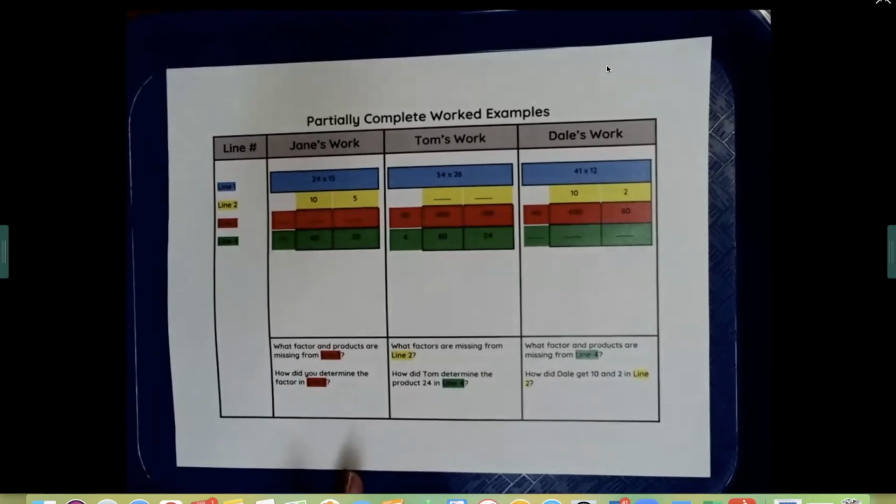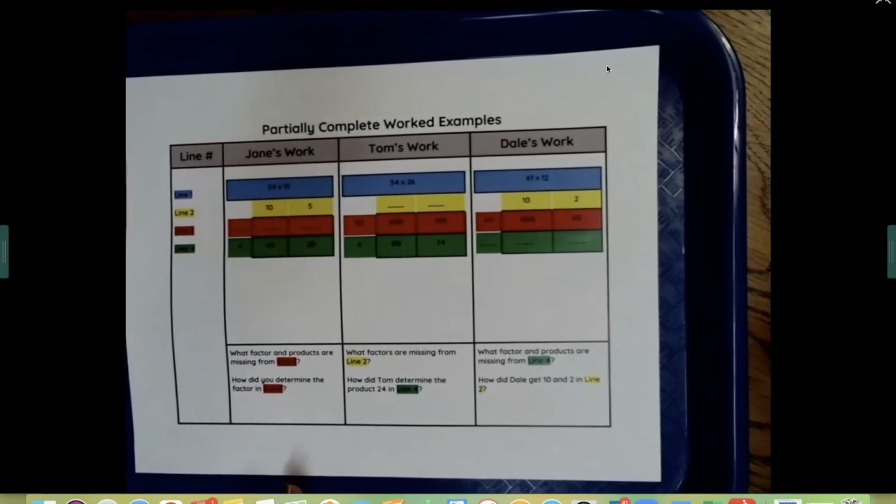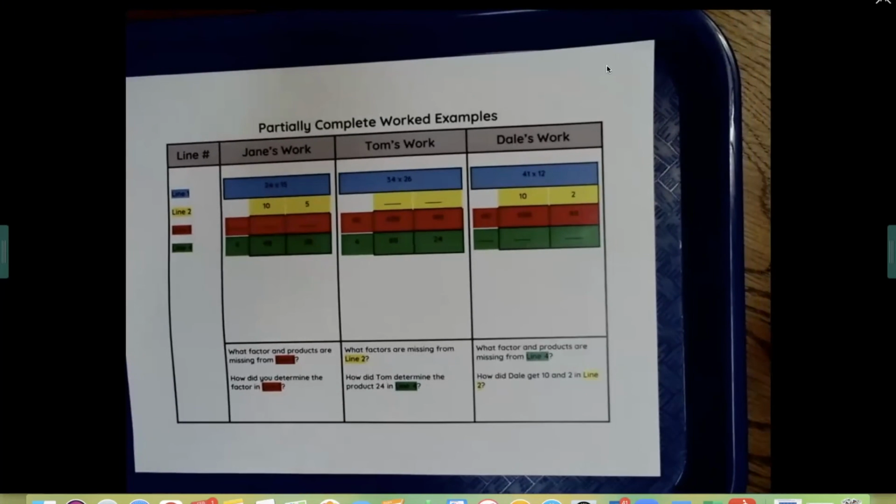And then Dale's work is 41 times 12. And notice all these problems are very similar. They're just 2-digit by 2-digit problems. And our question here: what factor and products are missing from line 4?